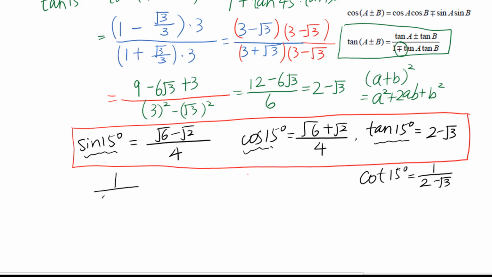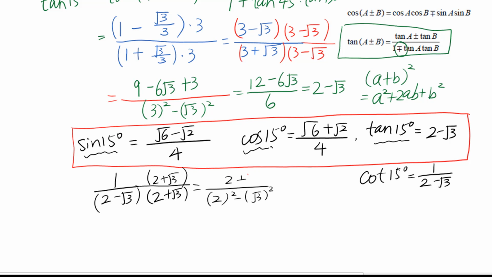1 over 2 minus the square root of 3. We need to simplify. Top and bottom, we need to multiply by the conjugate of 2 minus the square root of 3. That is 2 plus square root of 3. Then you will get 2 squared minus the square root of 3 squared.